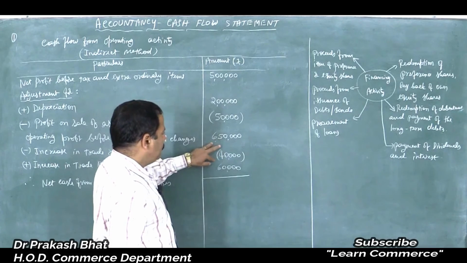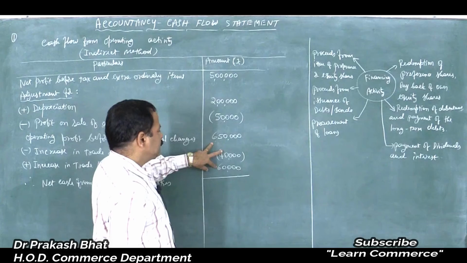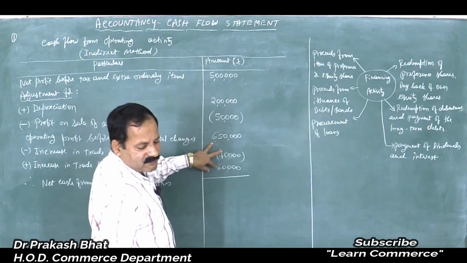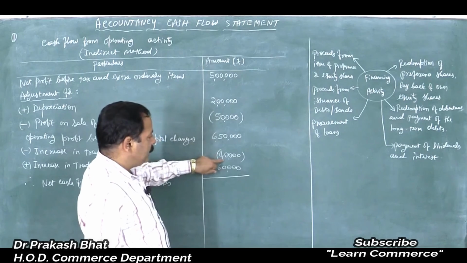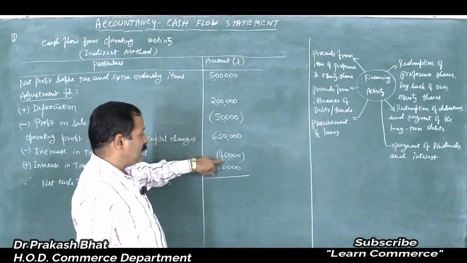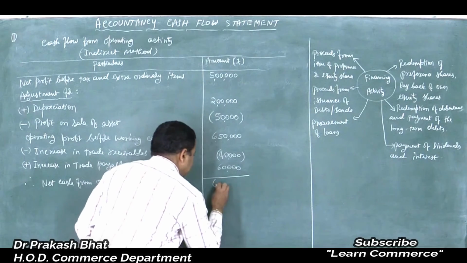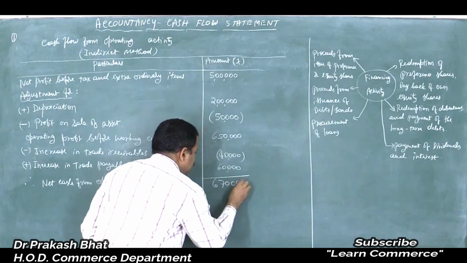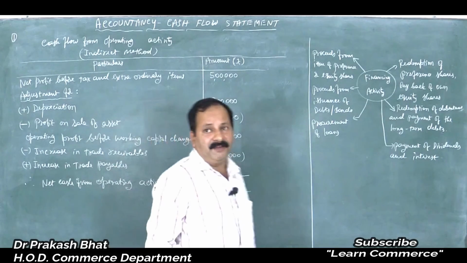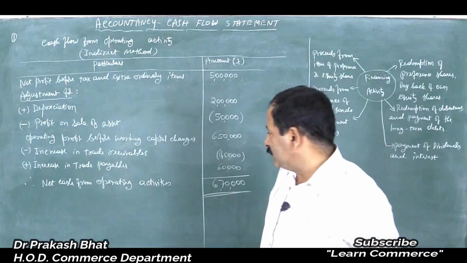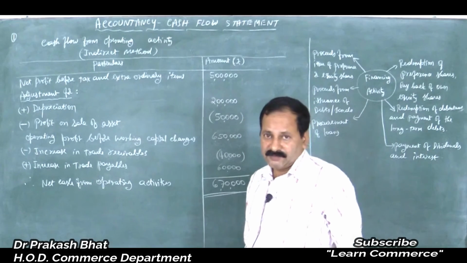You got 650 here, minus 40 plus 60, isn't it? So 610 plus 60, 6,70,000, is that correct? 6,50,000 minus 40,000, so 6,10,000 plus 60,000, 6,70,000. That is how you have to solve a problem on cash flow statement. This is the indirect method, where you get the net cash from operating activities.